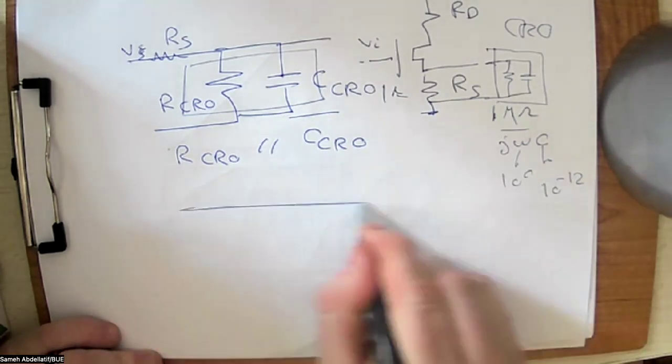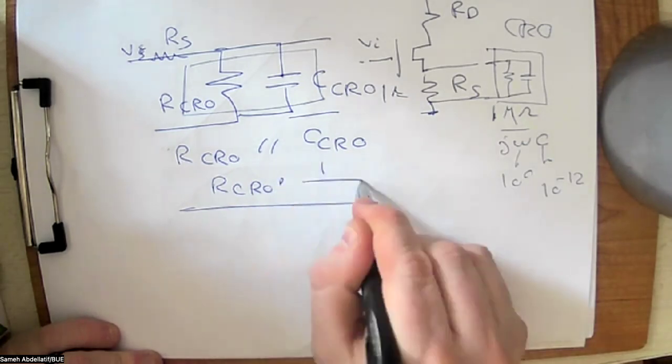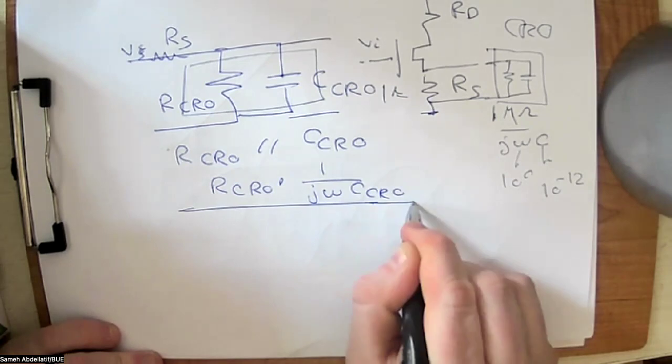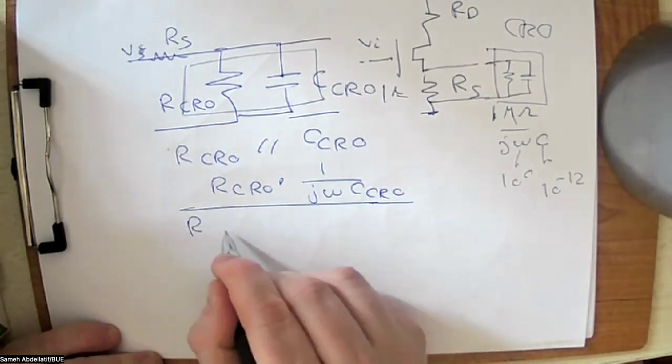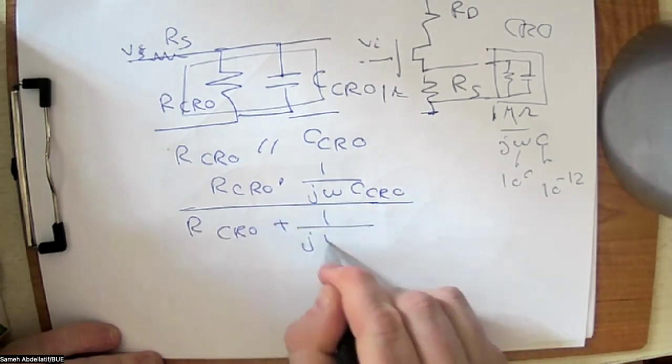This will lead to R_CRO times 1 over j omega C_CRO, over R_CRO plus 1 over j omega C_CRO.